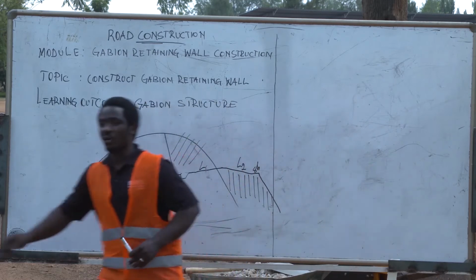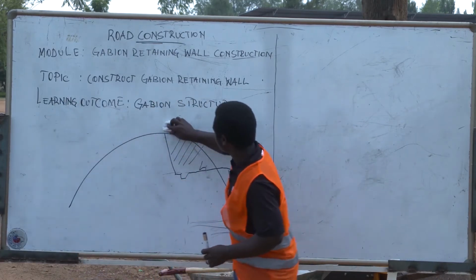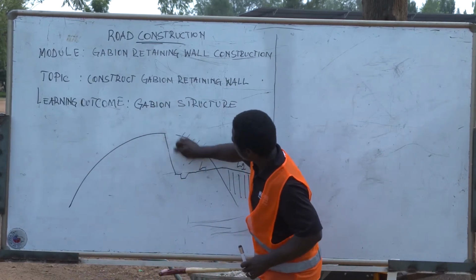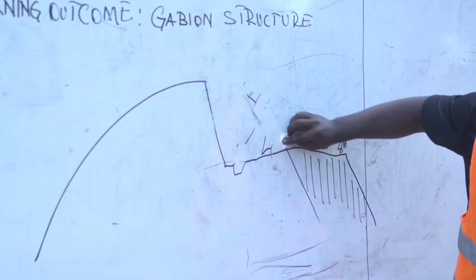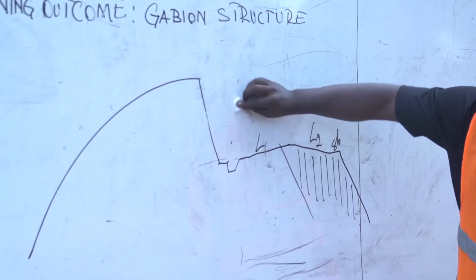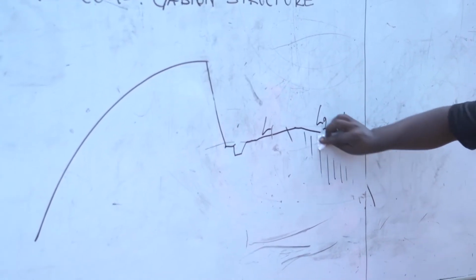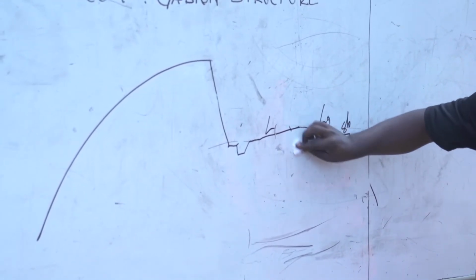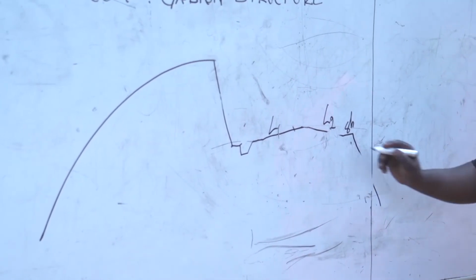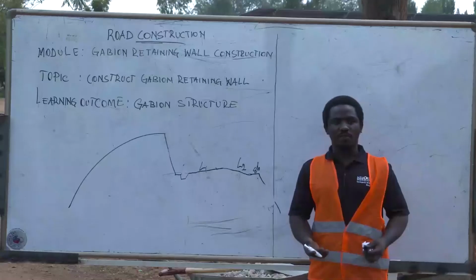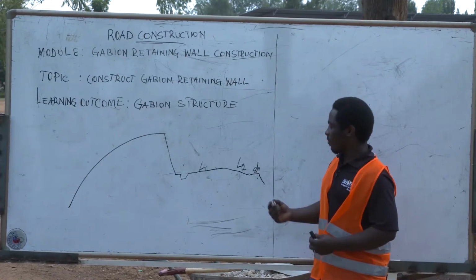So here, because we have cut, we have to remove it. Here we have cut, and here we have filled. After filling, we are having our profile or cross-section of the road.